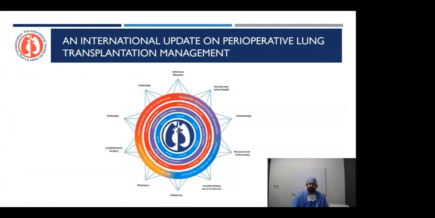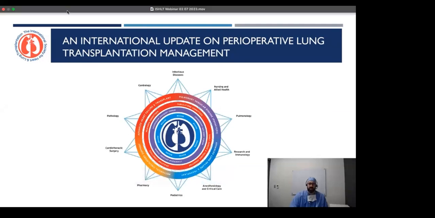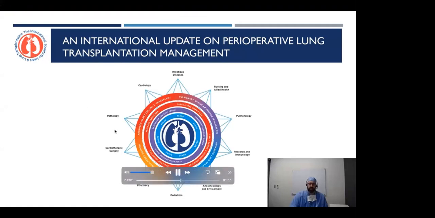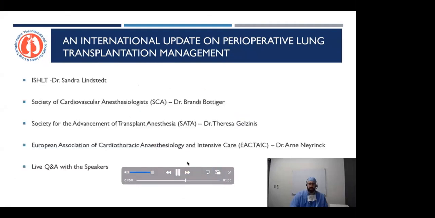If you're not familiar with ISHLT, we are the world's premier multidisciplinary society looking at international collaboration between colleagues of multiple specialties, all focused on taking care of patients with end-stage heart and lung disease. If you want to learn more about how to join, visit our website at ishlt.org.